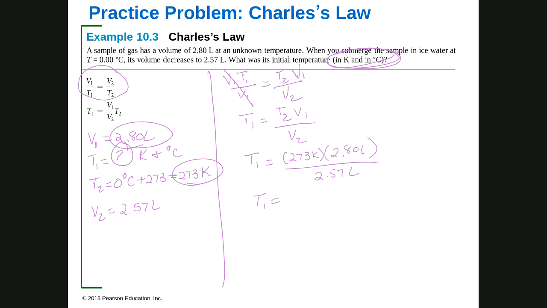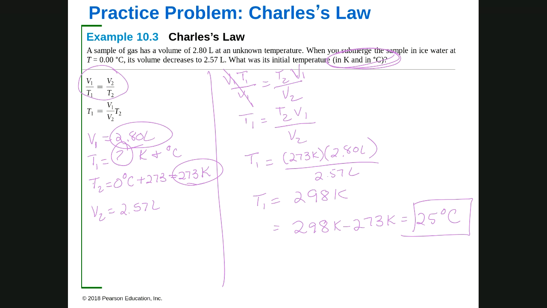And that should give me 298 Kelvin. And then since it asked me to do it in both, I'm going to have to say 298K minus 273K equals 25 degrees C. So it was at room temperature, not a big surprise.